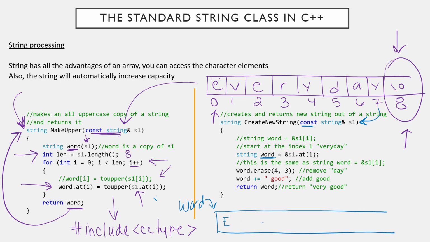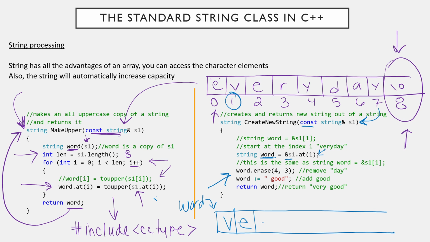In this function over here, now we've already done that one. We're at this function. We're going to start at index 1 and copy it over. So we're going to change this to be V. This is index 1.